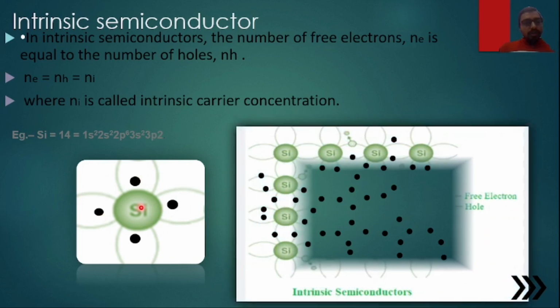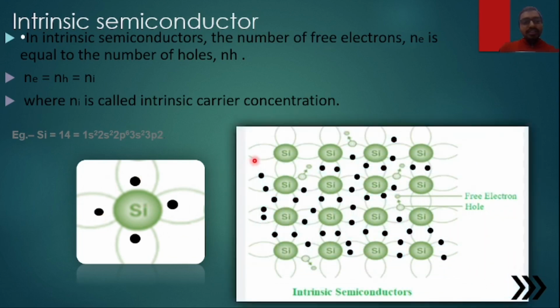Since in a lattice or crystal there is a large number of atoms, here I have considered a large number of silicon atoms. This is a lattice structure. Every silicon atom has 4 electrons in its outermost shell.